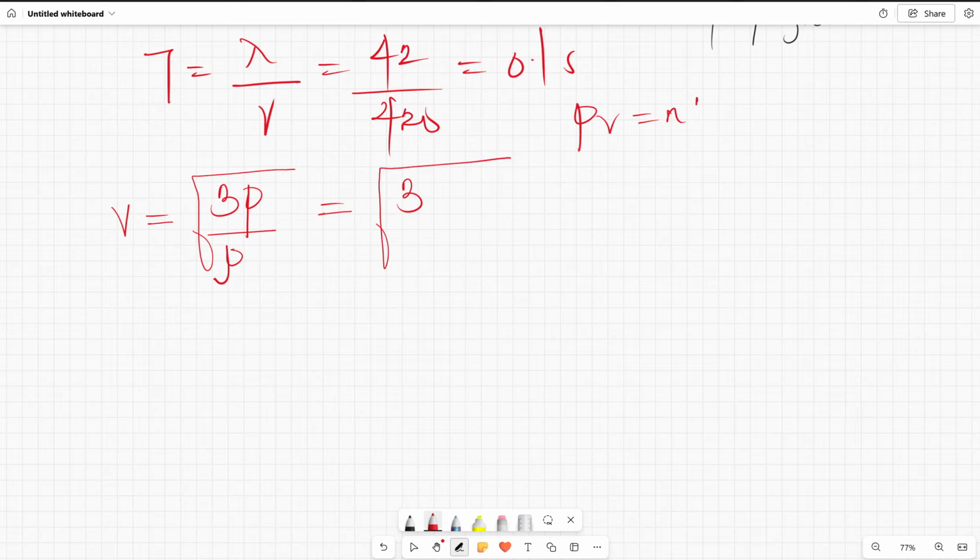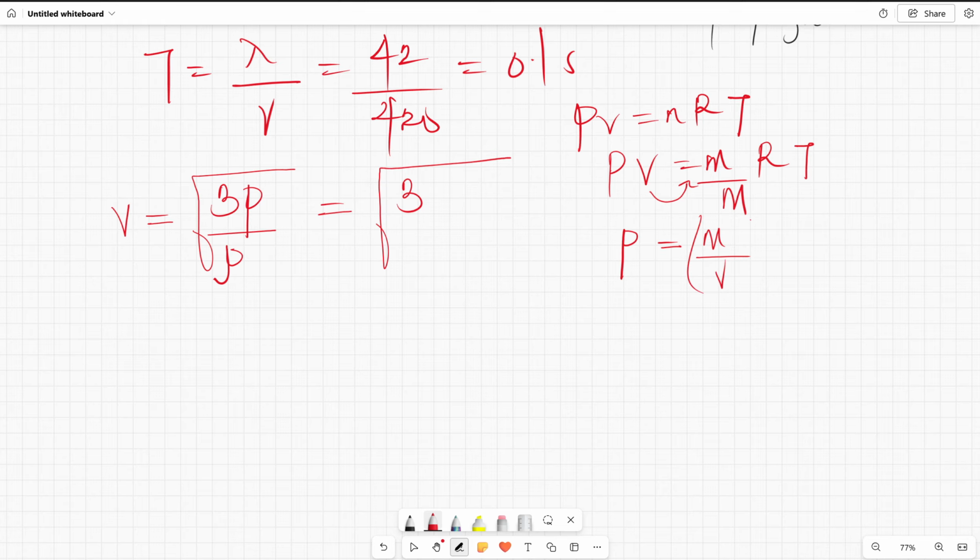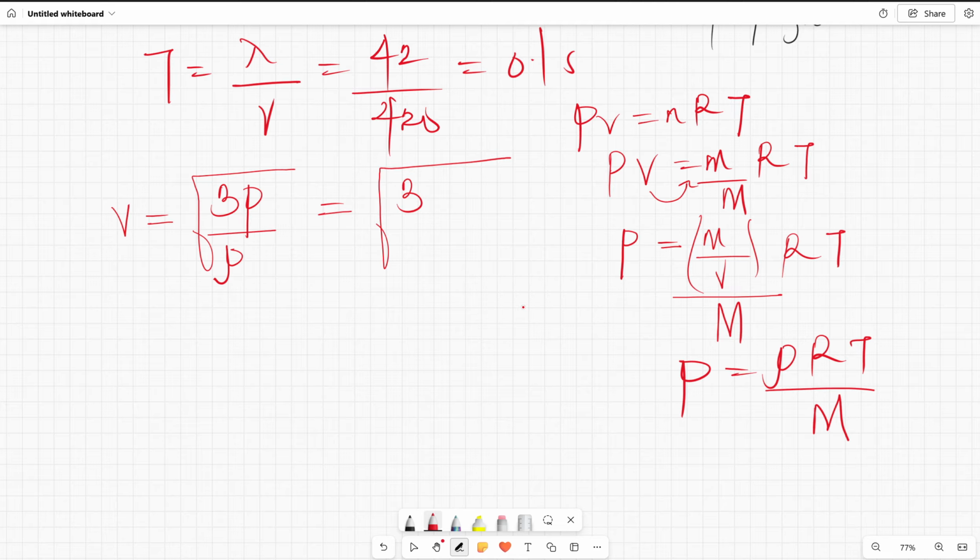We have PV equals nRT, so PV is equal to mass over molar mass, times the general gas constant R, and T. When you bring in density, I want to bring this volume under this mass, so I have mass divided by volume, divided by molecular mass, RT, so that we have P equals density times RT divided by M. The relationship we can appreciate here is that pressure is proportional to temperature, right?